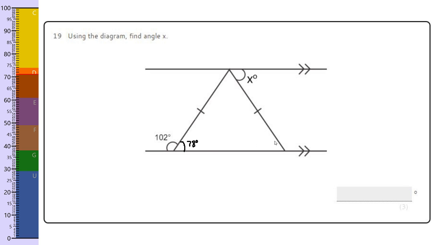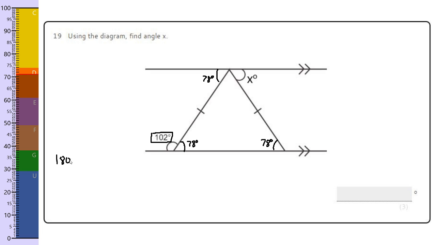Second one I know is this one here, because the bottom 2 angles in an isosceles are always equal. Now the next one I know, because these are parallel lines, this one here and this one here will add up to 180 because they're interior angles or allied angles. So I've already done that calculation. That would be 78 degrees. I also know angles in a triangle add up to 180. So 78 plus 78 is 156.